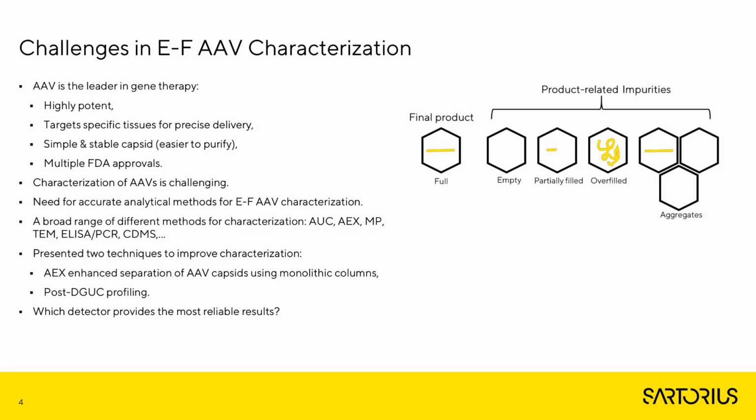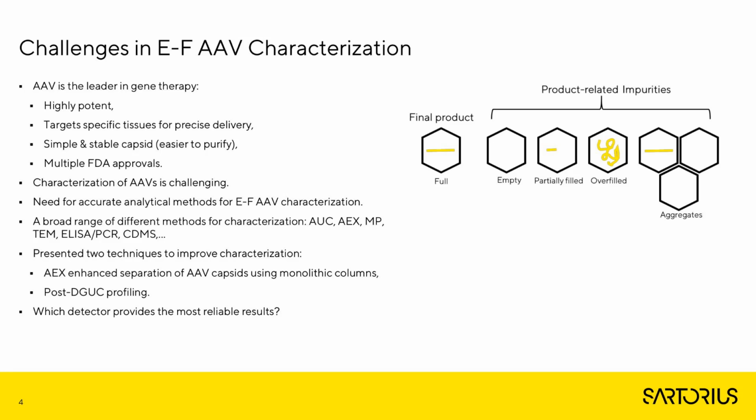During AAV production, not only the final product, full capsids, is generated. There are also empty, partially filled, and overfilled capsids, aggregates and more, which are protein-related impurities. Characterization of these product-related impurities is still challenging.